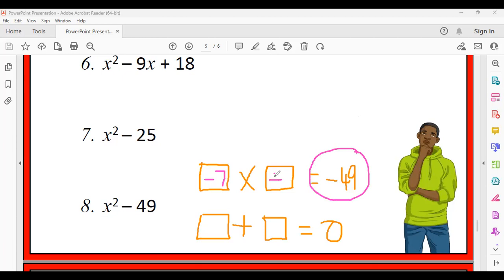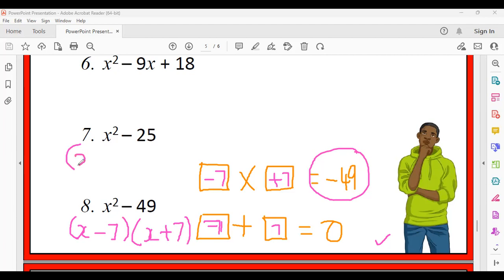Negative 7, positive 7. The order doesn't matter. Negative 7 plus 7 is 0. Even if you put positive 7 plus negative 7 is 0. So yes, the factors would be x minus 7, and then the other factor is x plus 7. Do you understand now?